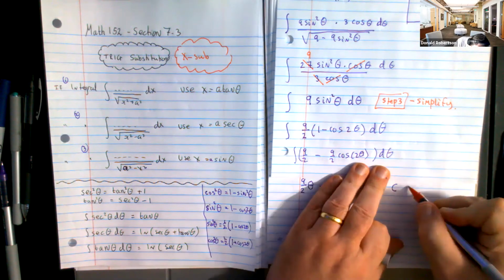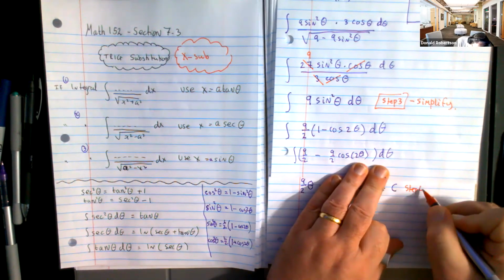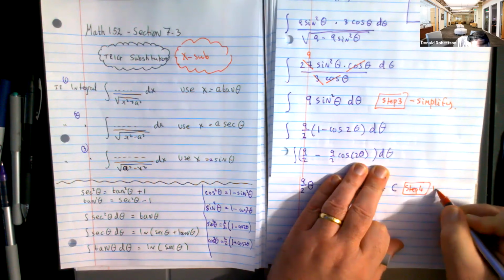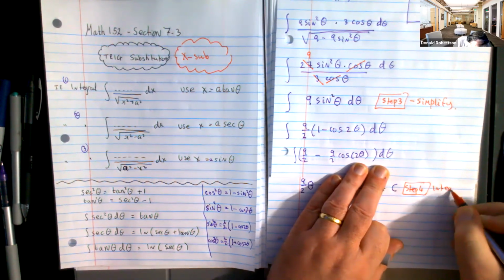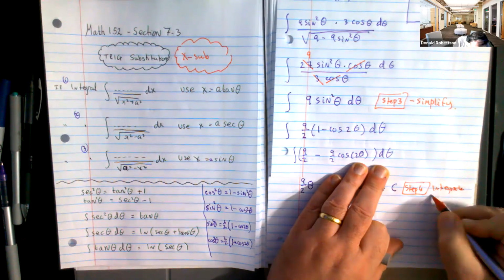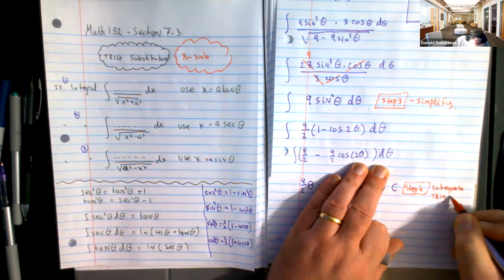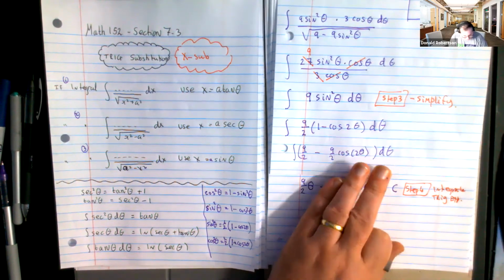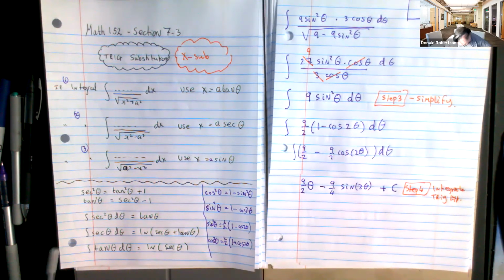So step 4 will be to integrate our trig expression. Now, I know I've been doing a lot of talking, that's taken us over 10 minutes. And you might think, well, that was kind of long, but it's not finished.